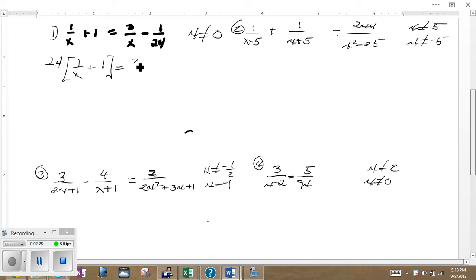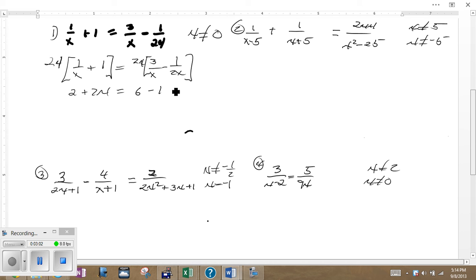Over here, 2x is going to multiply 3 over x minus 1 over 2x. The reason that we do that is because we get rid of the fraction right away. 2x times 1 over x, the x's cancel, you simply get 2. 2x times 1, 2x. Over here equals x, 2x times the first term, the x cancels out, we simply get 6. 2x times the second term, the 2x's cancel out, we simply get 1.